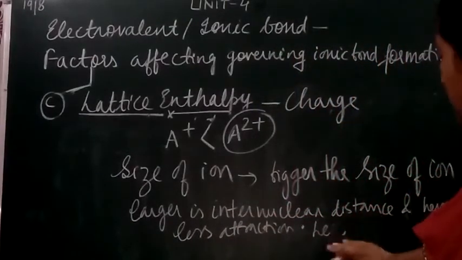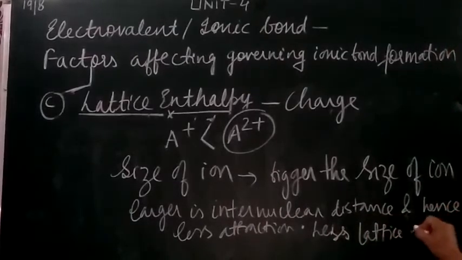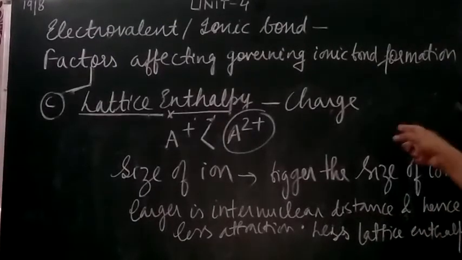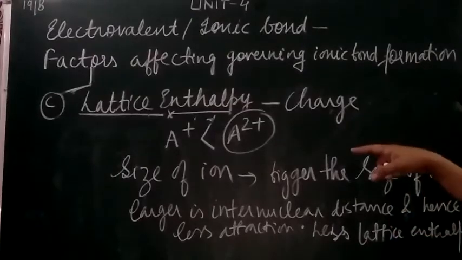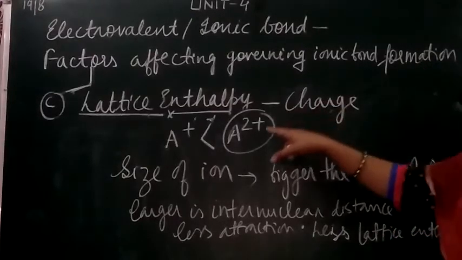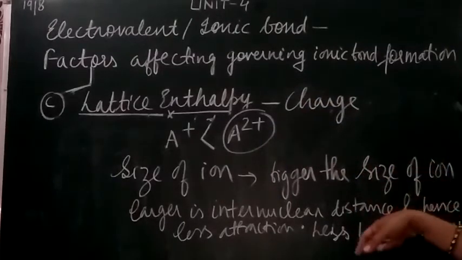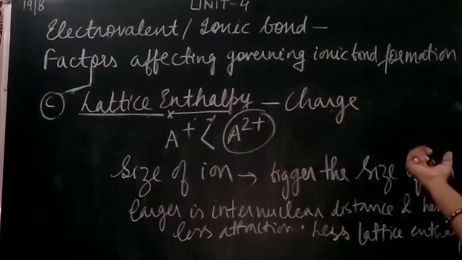Less lattice enthalpy. So the magnitude of lattice enthalpy, more amount of energy should be released, its value should be negative, and the magnitude of lattice enthalpy depends upon the charge. The greater the charge, the more energy will be released, because the attraction is stronger, whether it be a cation or an anion.